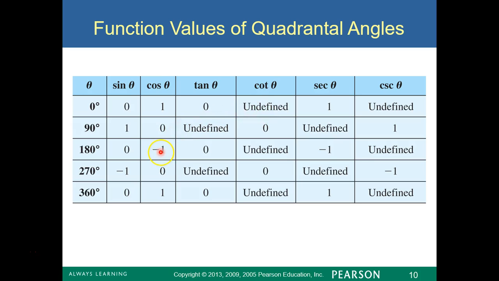Those are the only 4 values that quadrantal angles can be. So the next time you're asked to find trig function values of quadrantal angles, you can look back at this, and there's all 6 of those for you.